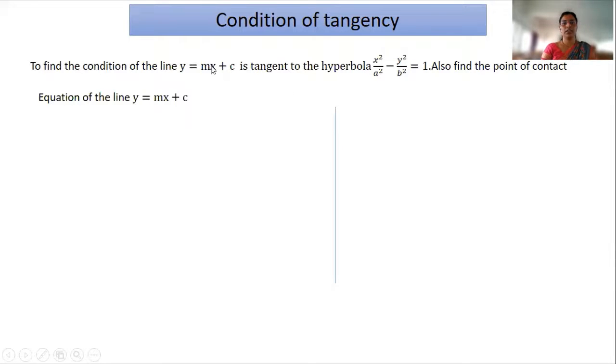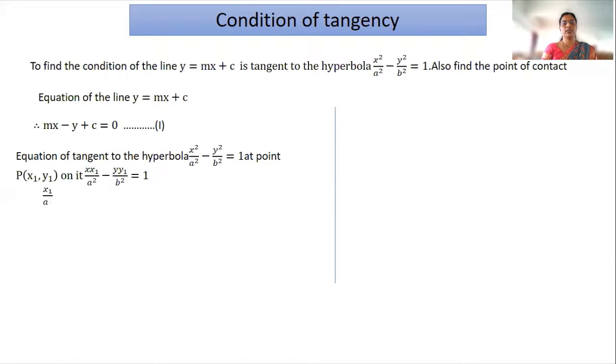Then we want to know whether the line y is equal to mx plus c is a tangent to the hyperbola or not. For that, the equation of line is y is equal to mx plus c. It can be written as mx minus y plus c is equal to 0. This is equation 1. And the equation of tangent of hyperbola at a point x1 y1 is x x1 upon a square minus y y1 upon b square is equal to 1. And this can be written in this form, which is equation 2.